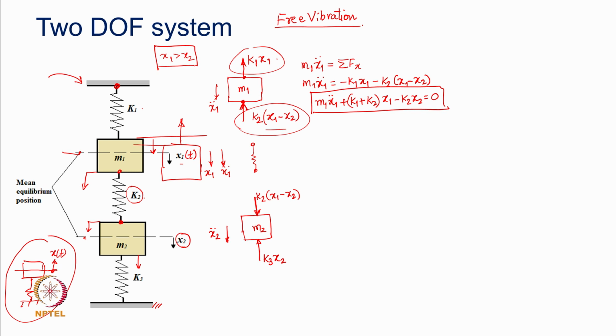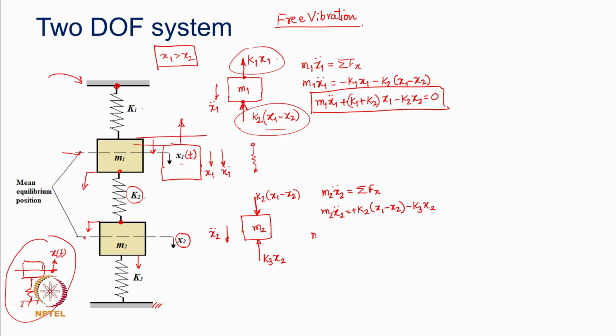Okay. Now, having done this, you can again simply apply Newton's second law, and then I can write m2 x2 double dot equal to the force, which itself is now going to be K2 into (x1 minus x2), in the direction of acceleration. So, that would be positive, whereas K3 into x2 is opposite to the acceleration, and I would write it as I have written here.